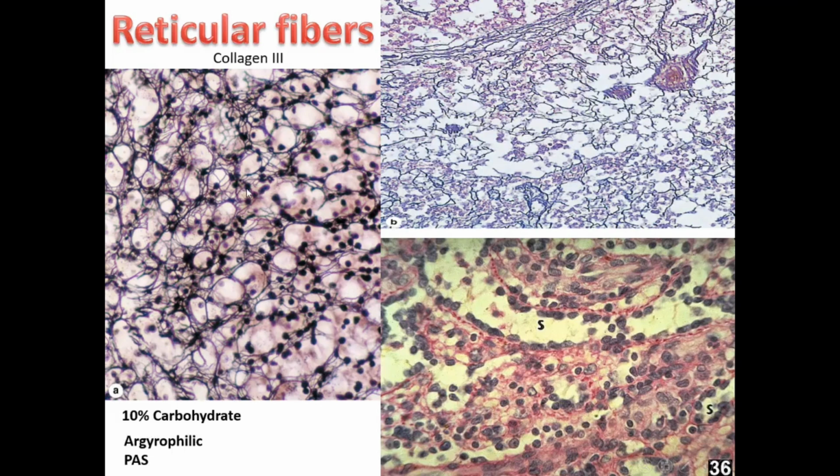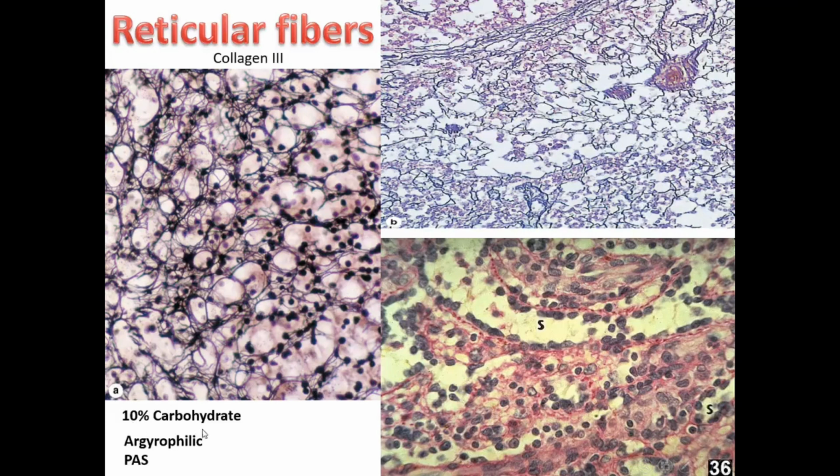By silver staining, we can see the reticular fiber in dark or black, and by PAS staining, we can see the reticular fiber in red. The staining of reticular fiber by these two stains is because the reticular fibers have a high amount of carbohydrates.